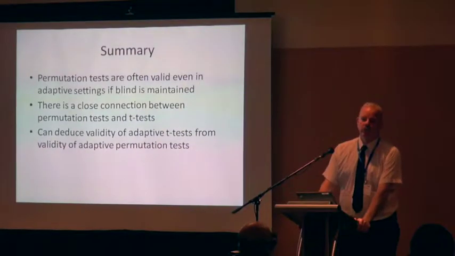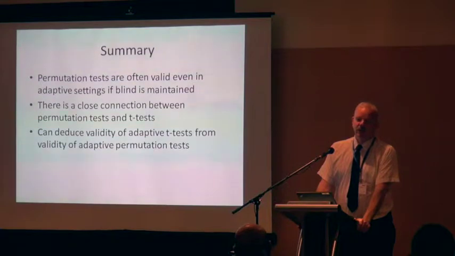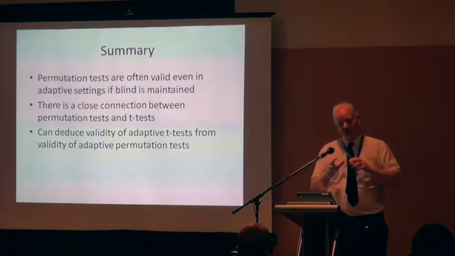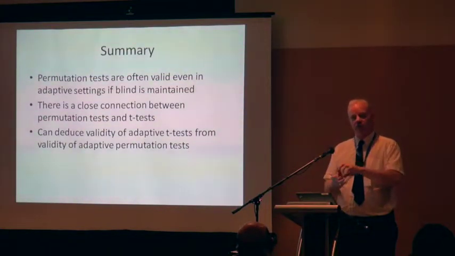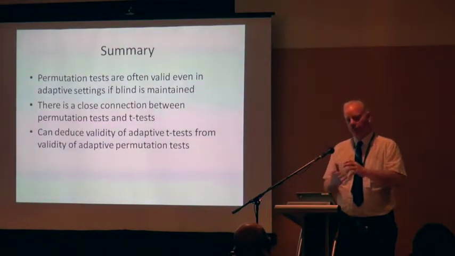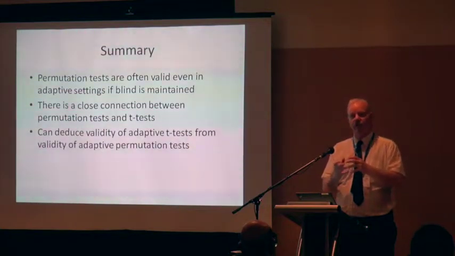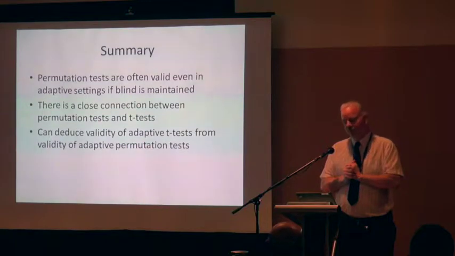You know, when we worked on this, I was sort of half joking a little while ago because I found this connection between permutation tests and t-tests really pretty, and the fact that you could deduce results. Of course, you still have to prove them, but from the permutation test. So I thought that was an interesting connection.